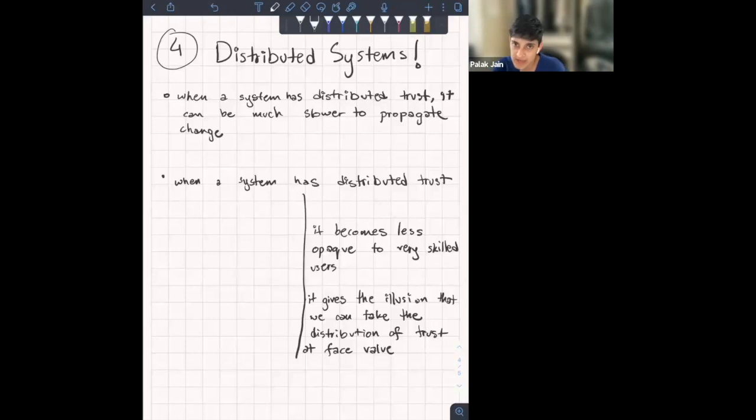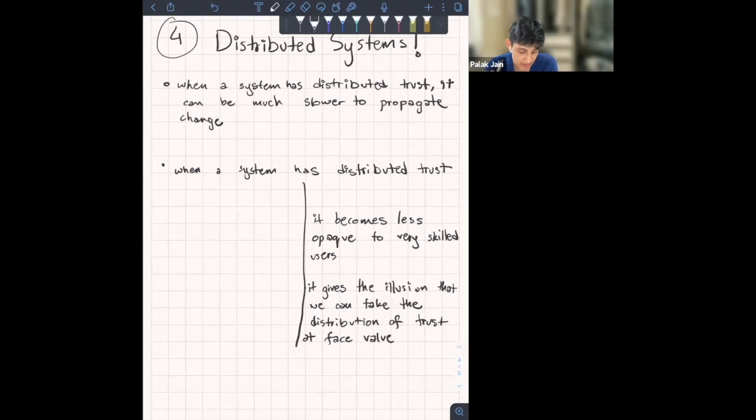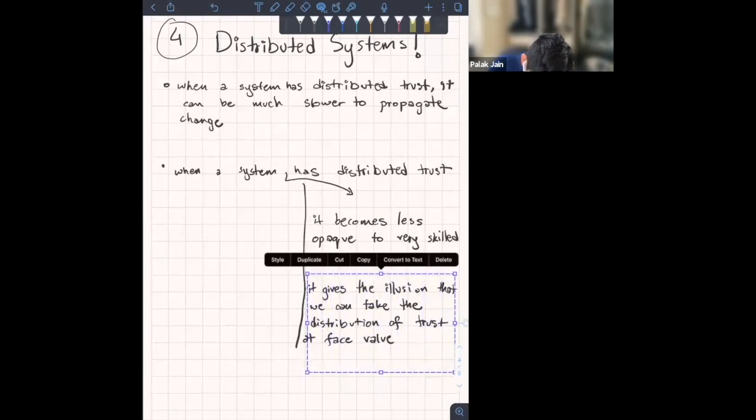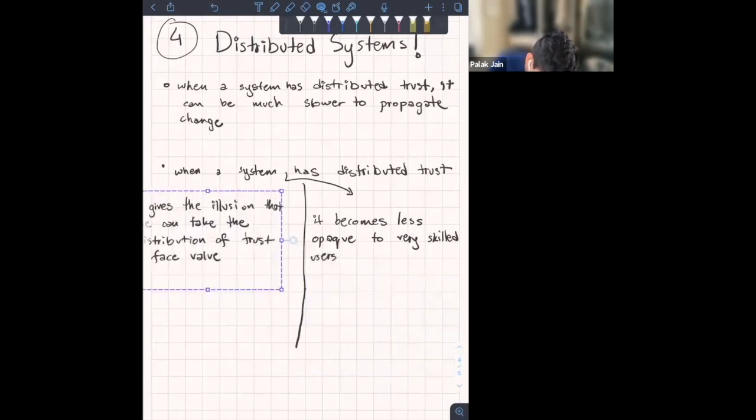And there are some inherent bounds there, and we can talk about that a little bit in a minute. The important thing is, while it becomes less opaque to very skilled users, it can give the illusion that we can take the distribution of trust at face value. So this would be a con: we're giving this illusion.